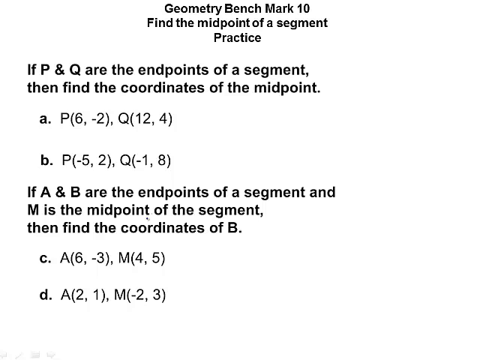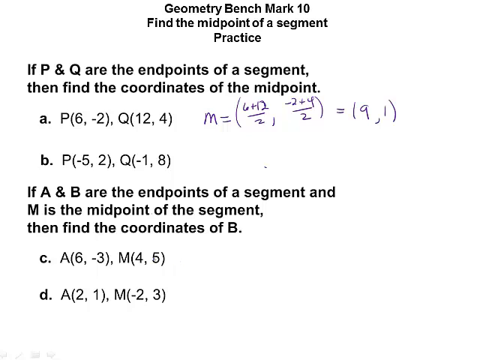Okay, so on this one we're going to do finding the midpoint. So 6 plus 12 divided by 2 and negative 2 plus 4 divided by 2. That gives me 18 divided by 2, which is 9, and 2 divided by 2, which is 1.